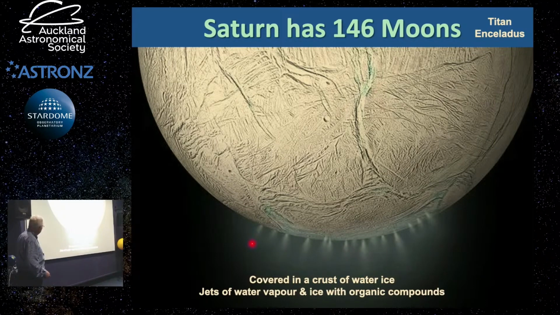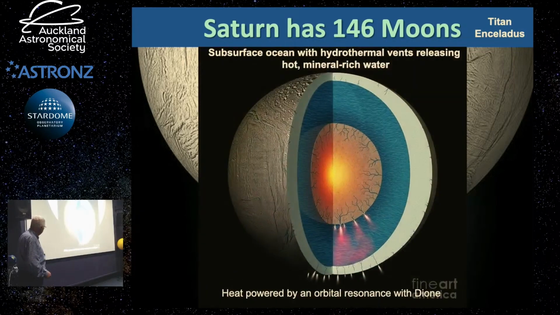So the general consensus is there's a subsurface ocean, also of salt water, with a lot of warm, hot water getting through hydrothermal vents, once again with minerals and so on. And you'd quite rightly deduce there must be an orbital resonance going on, and there is, with the moon Dione.